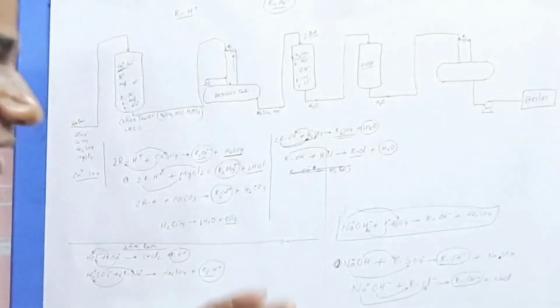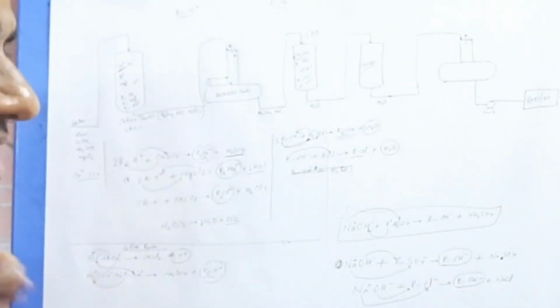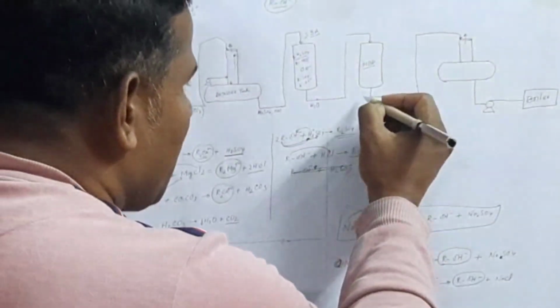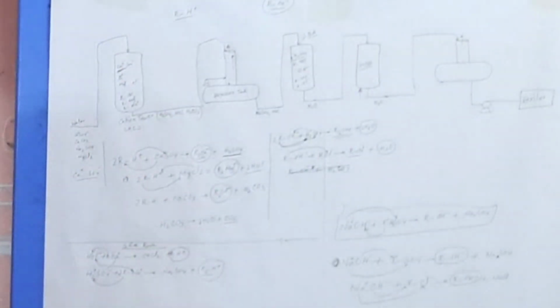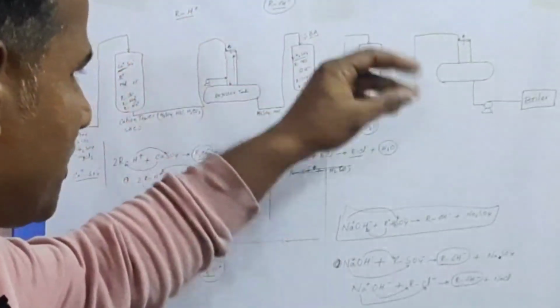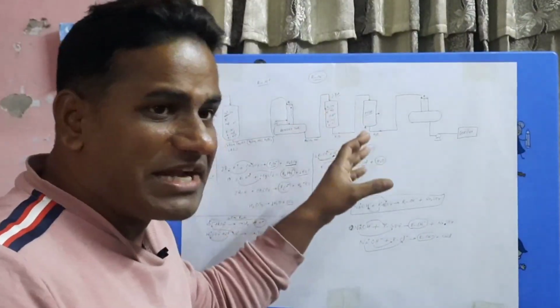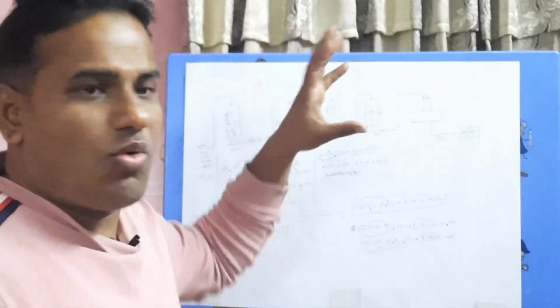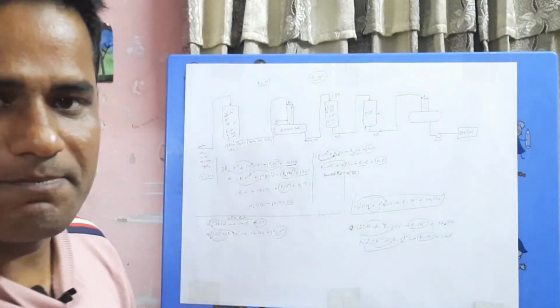For regeneration of the cation resin, sulfuric acid or hydrochloric acid is provided at the bottom of the mixed bed unit. For regeneration of the anion resin, sodium hydroxide is provided at the top of the mixed bed unit. And from the middle, the regenerated or washed water is thrown out to the neutralization pit.